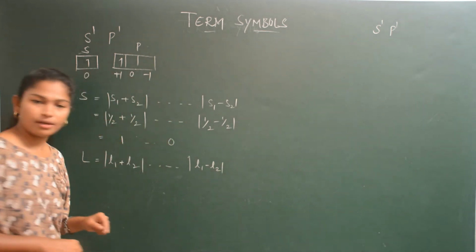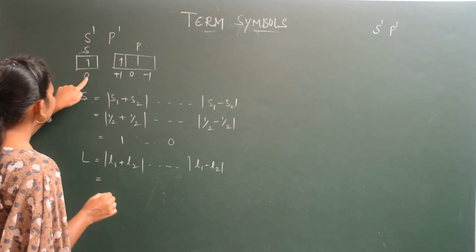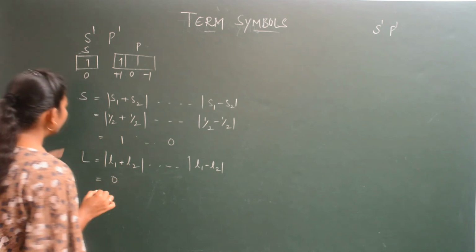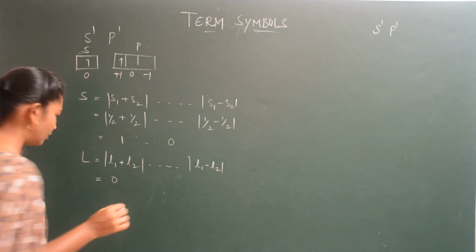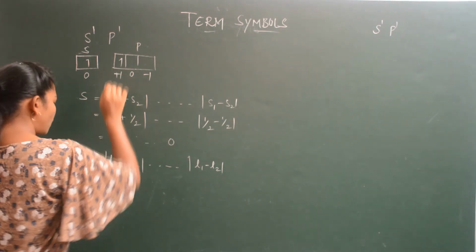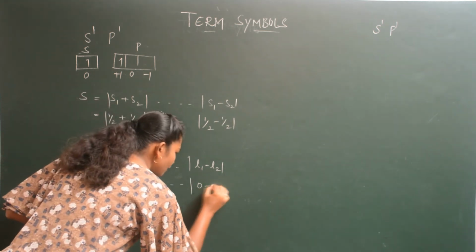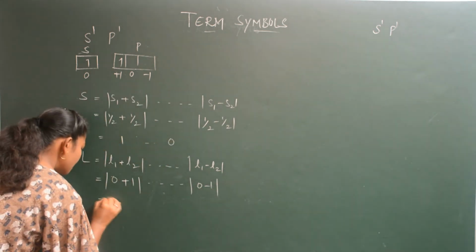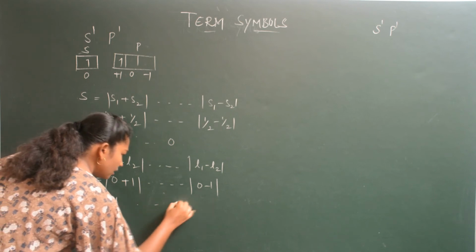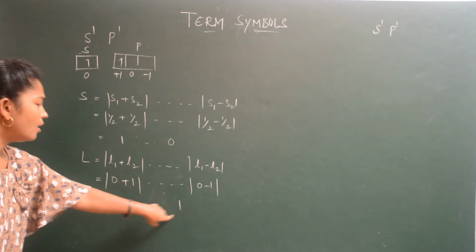What is L1 here? For the first, s orbital, L is 0, and L2 here is 1. So 1 to 0 minus 1, that means 1. So here you got 1, and here also 1.